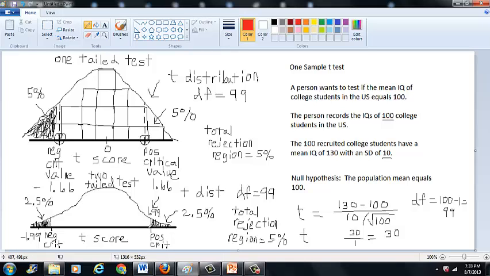So what does that mean? This is 1.99, the critical value. Imagine our t-score came out to, actually, 2.7. That's in this area that's above the positive critical value, so it might be right here.